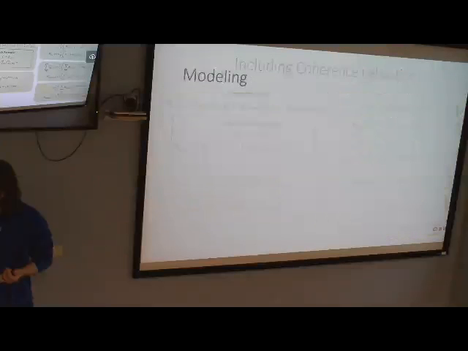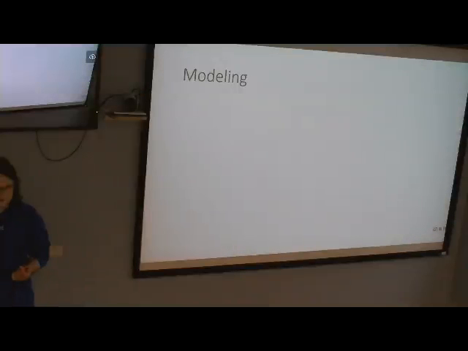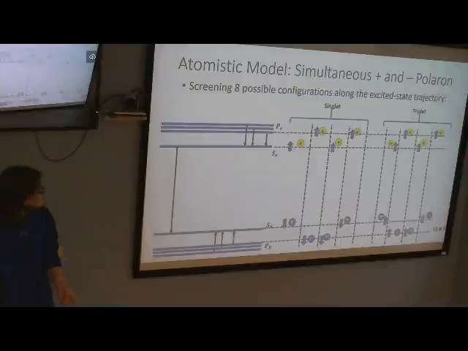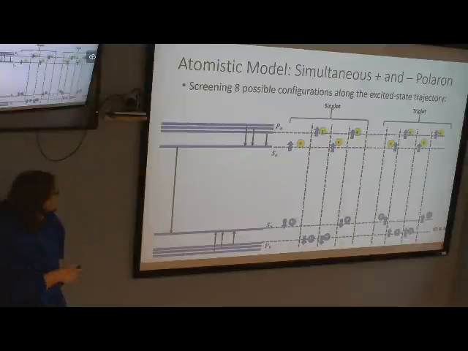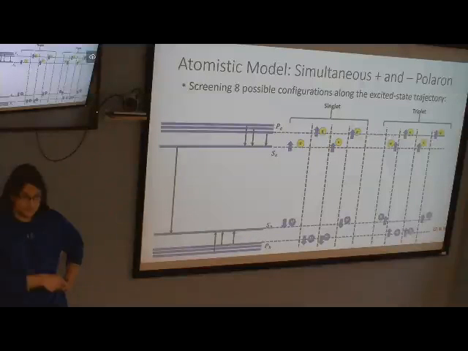Okay, so that's the last of going over methodology. Onto modeling, or the types of systems I'm going to be doing optimizations and calculations for. The place to start was looking on the left. This is a general cartoon or schematic for electronic bands for quantum dot systems.